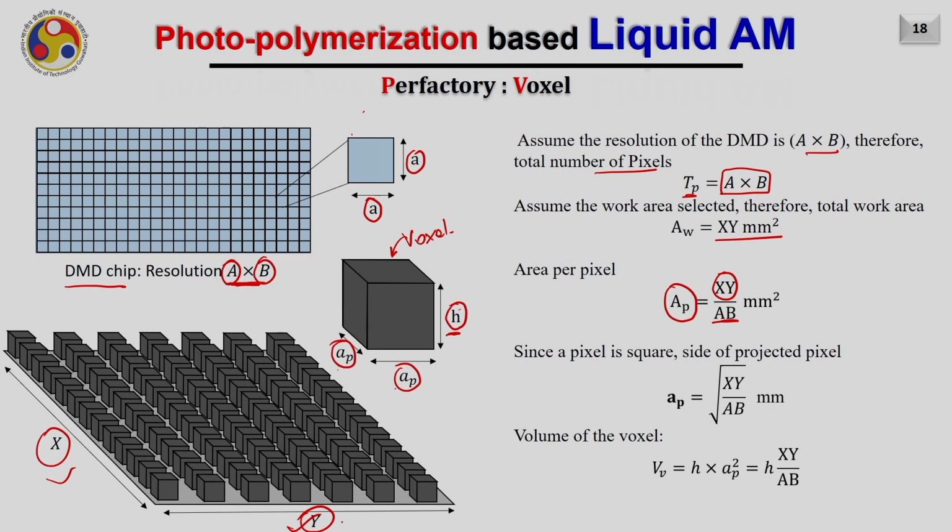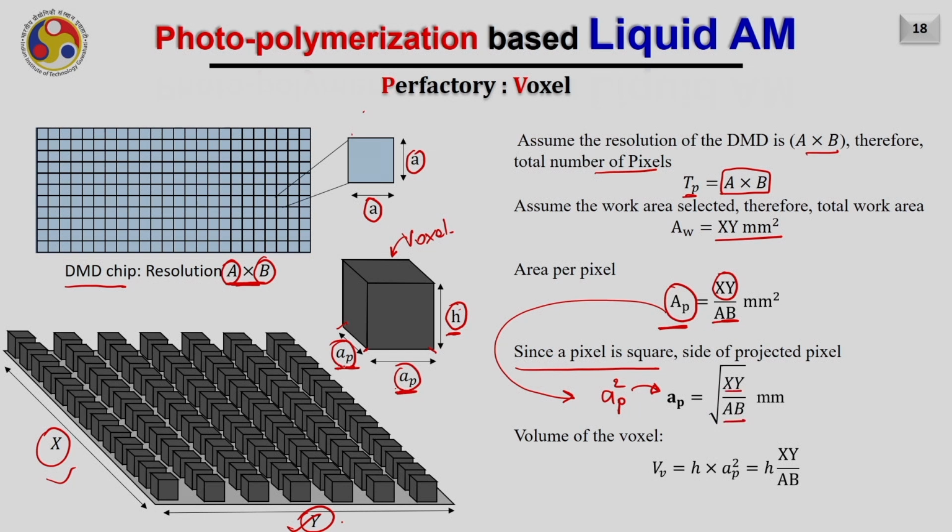As a pixel is a square, definitely the projected area will also be a square, and hence the side of the projected area can be obtained as AP equals root over xy divided by AB.